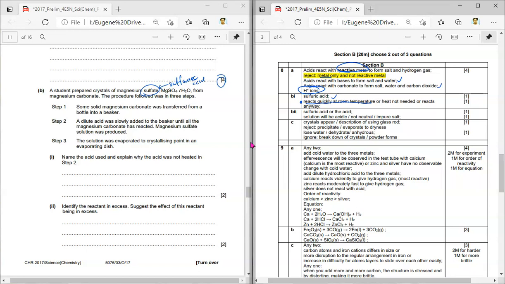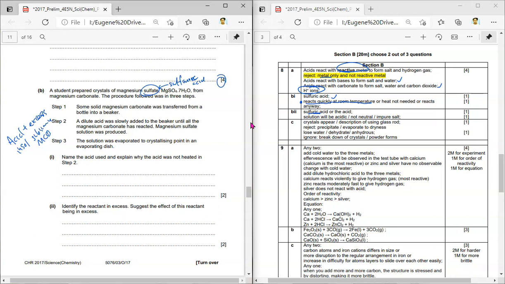Okay, identify the reactant in excess. It is actually your sulfuric acid. Because this is acid plus excess insoluble substance, that is what you're supposed to add. This substance we are looking at is magnesium carbonate. But if you look at the way the steps are done, you realize that the magnesium carbonate was not added in excess.